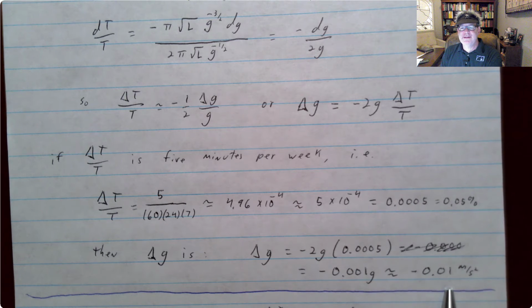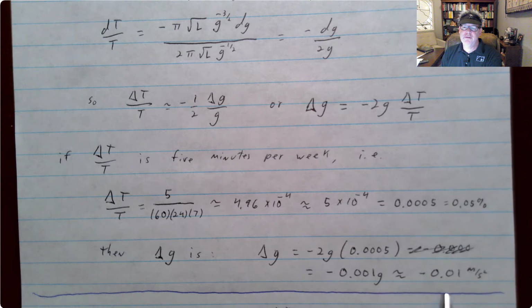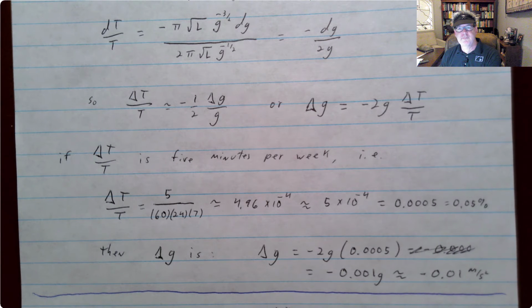So we must have a slightly lower g, lower by about 0.01 meters per second squared, where the clock's running slow. And to compare with the article, I decided to solve for that exactly.